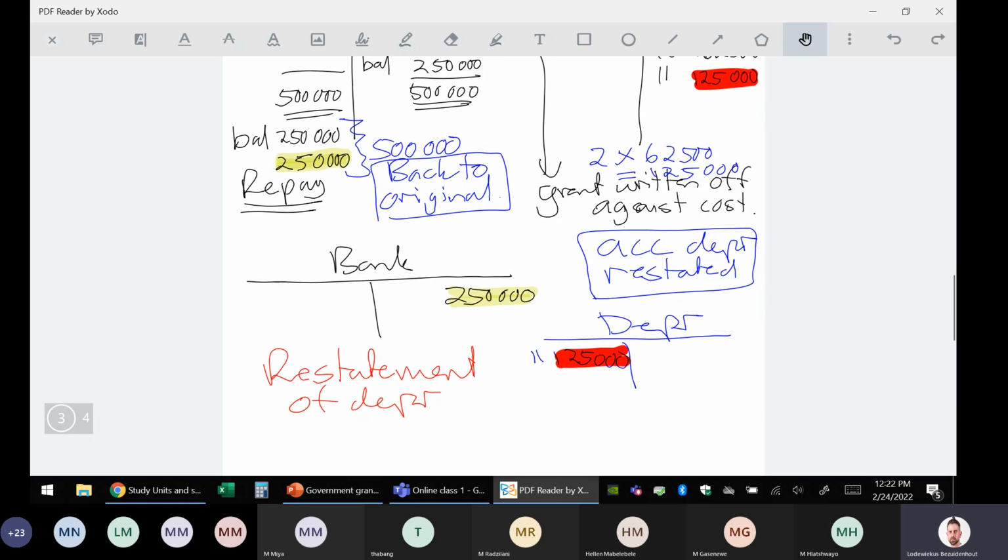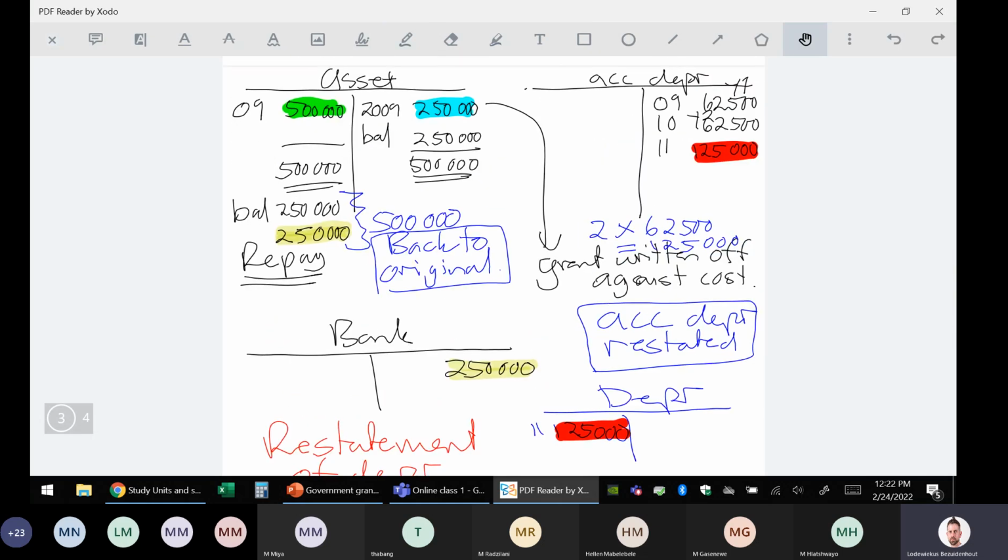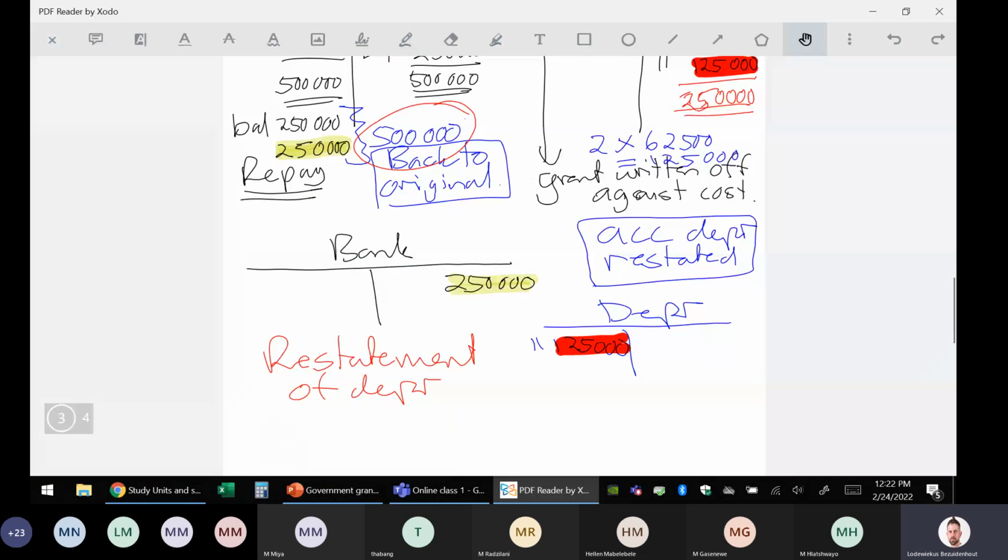Okay, it's a change in estimate. So to test yourself, what is the total accumulated depreciation there? It's 125 plus 62 plus 62, and that gives us 250,000. The cost now is 500. So cost of 500 less accumulated depreciation of 250 gives us a carrying amount of 250.